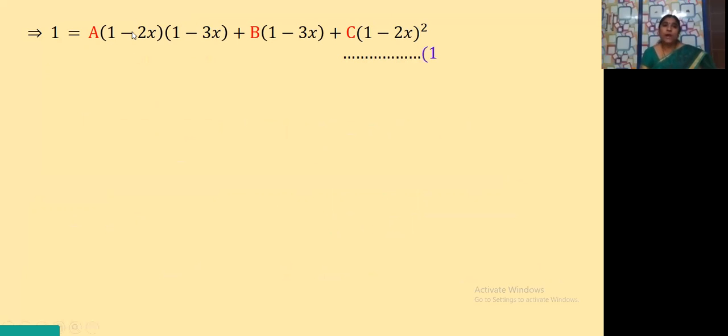Because everything is a linear factor now, we can substitute a value for x so that one term can be eliminated. So let us see what we can substitute. By putting x equal to, how much can I put here? 1 by 2. Why am I taking 1 by 2 in equation number 1? Let us see, children.